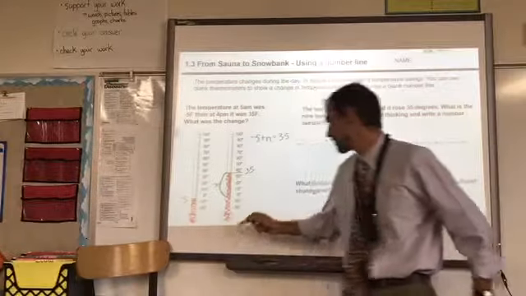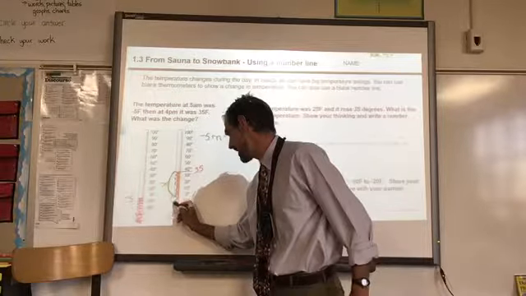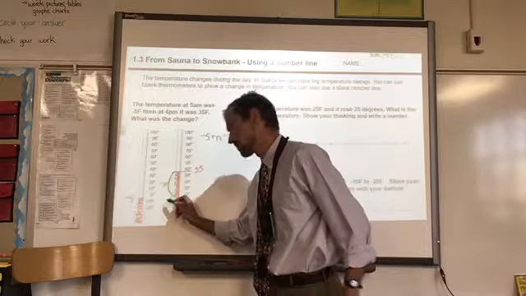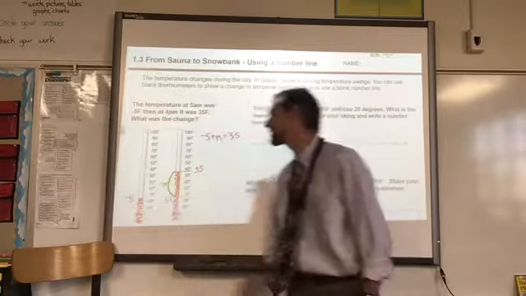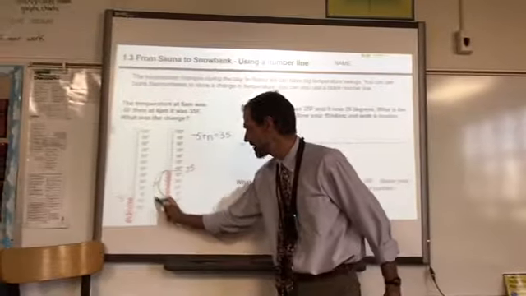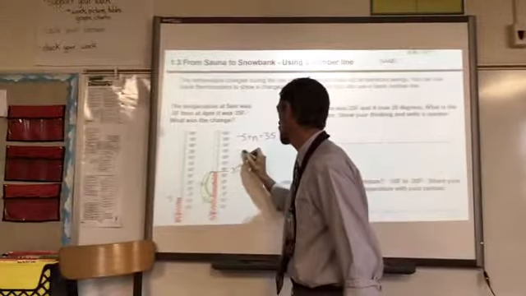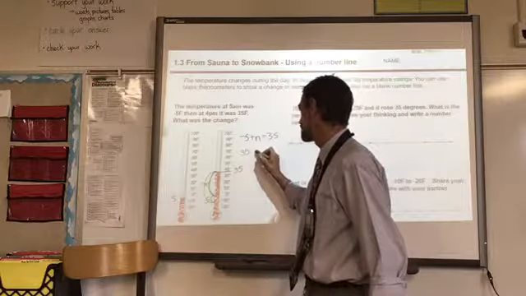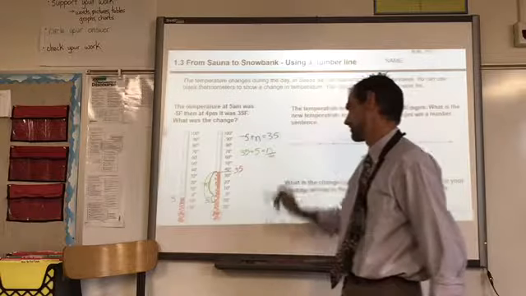So now, how far is it from 0 to negative 5? Ooh, not a negative, just 5. So my total change is going to be 35 plus 5. That's going to equal this n value.